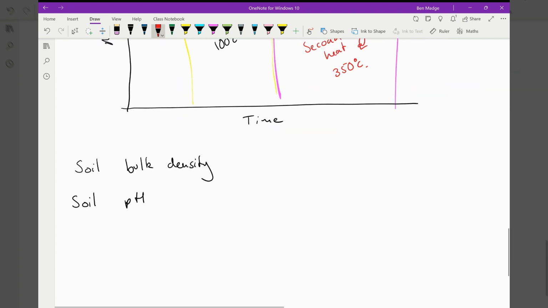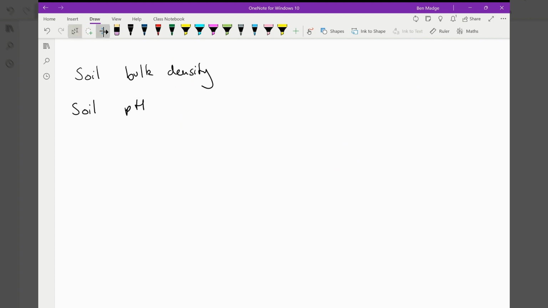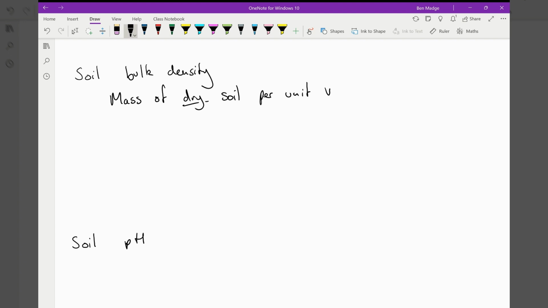Okay, so the last two parameters that we're going to look at in our soil analysis are, first, soil bulk density, which is a simple way of saying the mass of dry soil per unit volume, in situ.